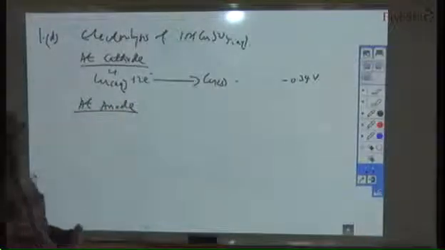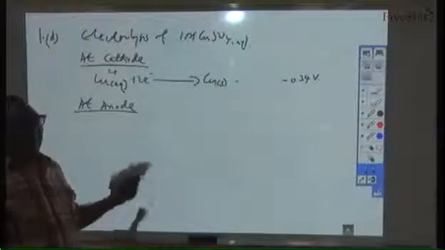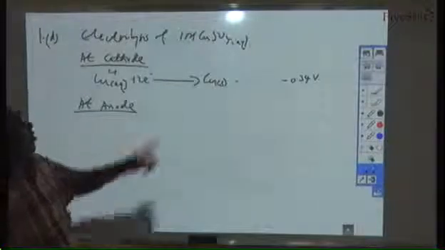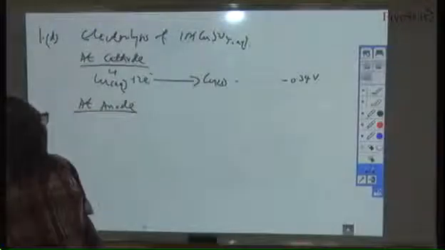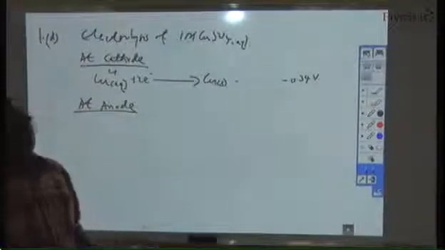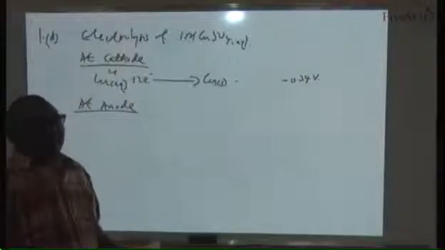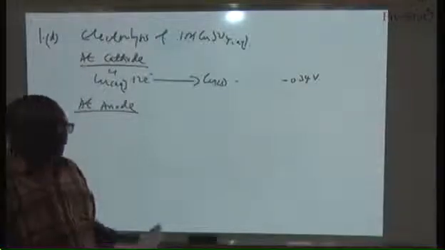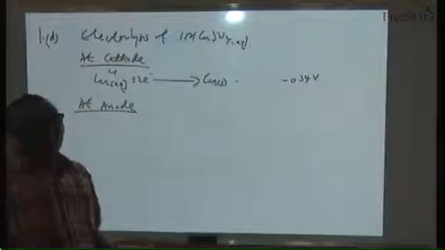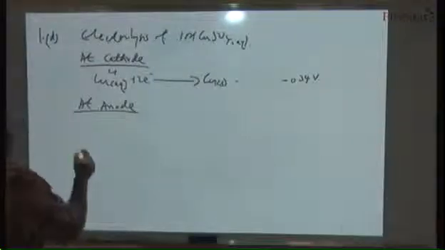At the anode, the negative ions present in copper-2 sulfate aqueous solution are sulfate ions and hydroxide ions. The hydroxide ions will be discharged preferentially.